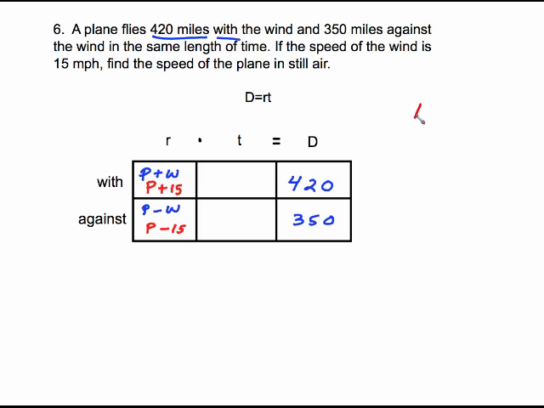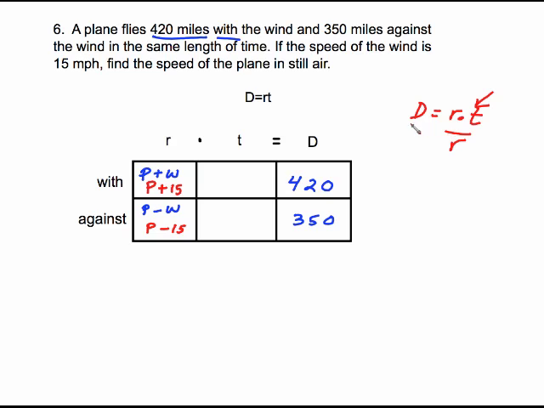Now, D equals R times T. Think back to formula kind of things that you've done. And we've looked at these before also. I need to fill something into my chart for T. And I'm going to use this fact. If D equals R times T, I need an expression for T. So let's do something to get this T alone.